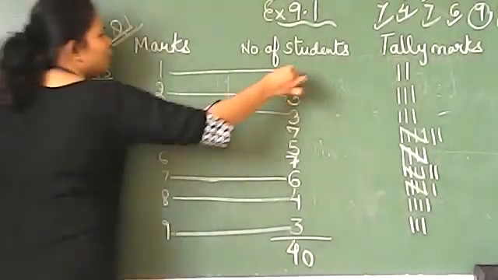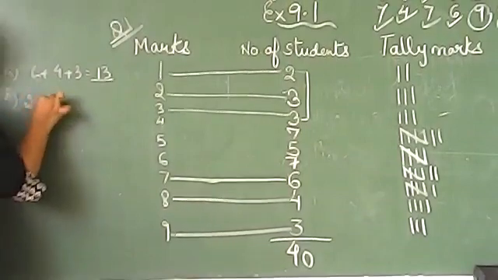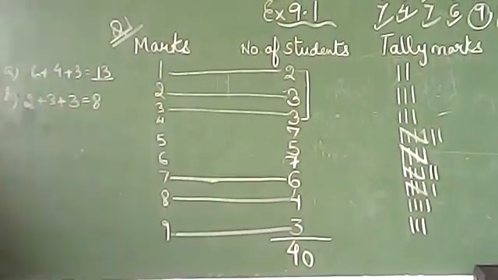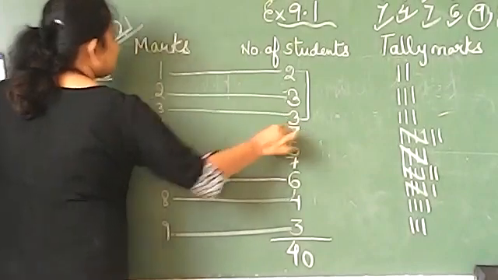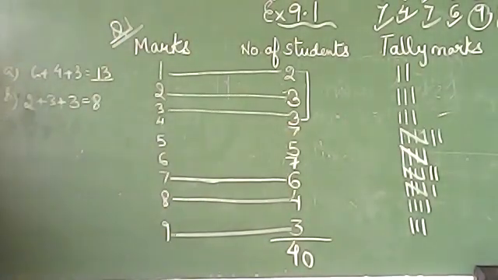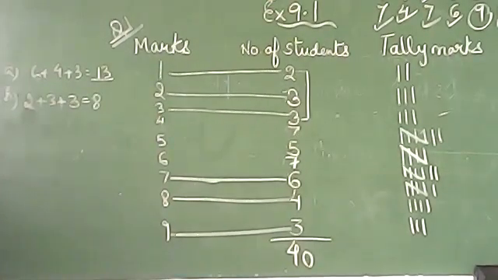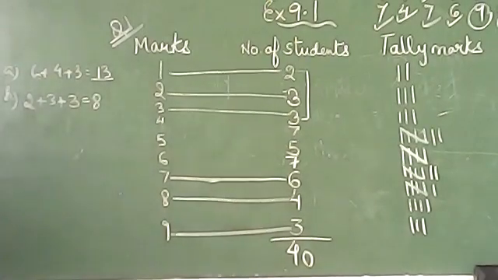So it means 2 plus 3 plus 3, we have total 8 students who have got less than 4 marks. Okay, there are total 8 students who have got less than 4 marks. So this is all about question number 1 of exercise 9.1.